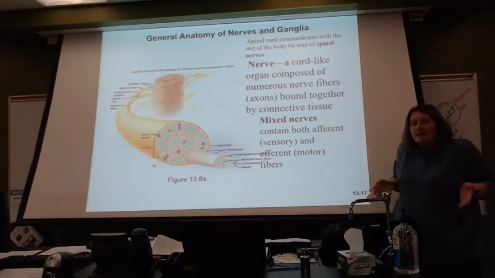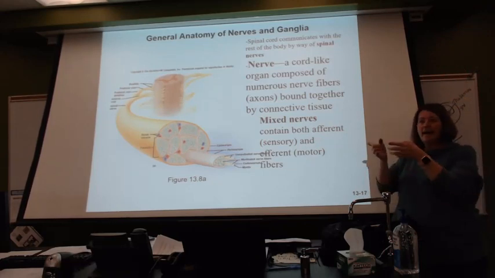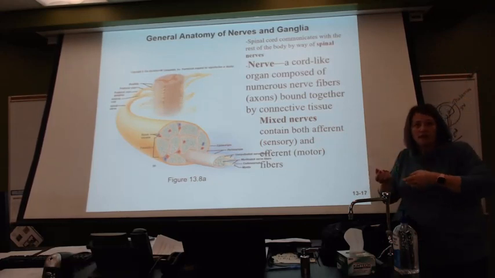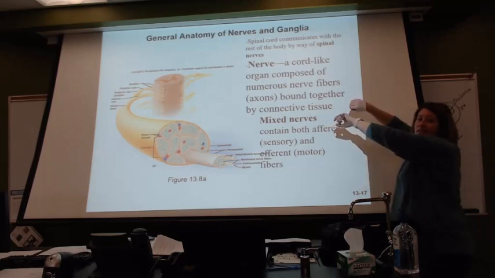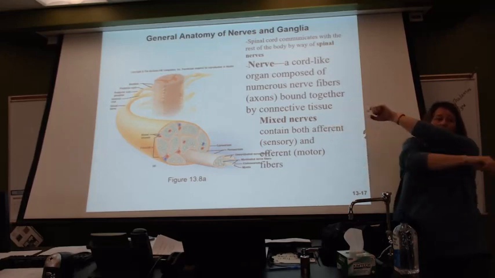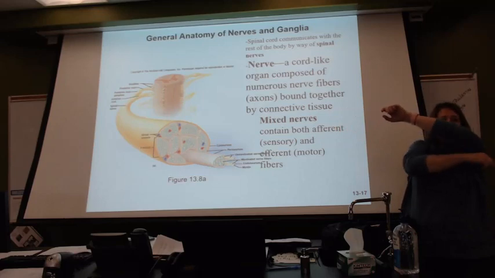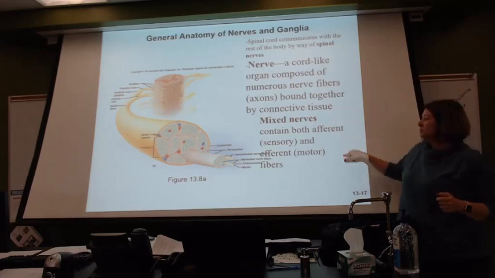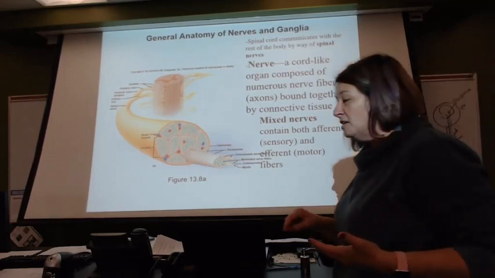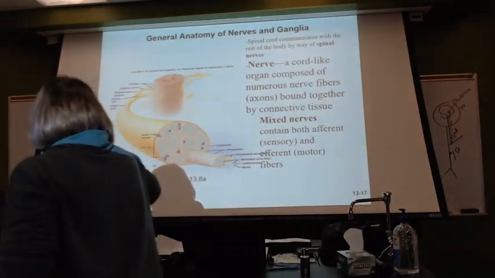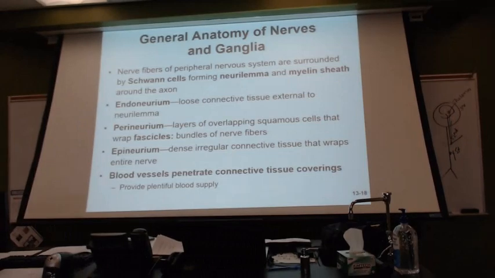It has to, that one nerve though, has to carry both, all right? It has to carry that information in, split, go to posterior, has to get it from anterior, come back and join and come out, okay? So they're called mixed because they carry the information in both directions.